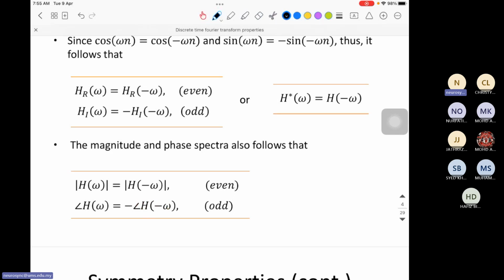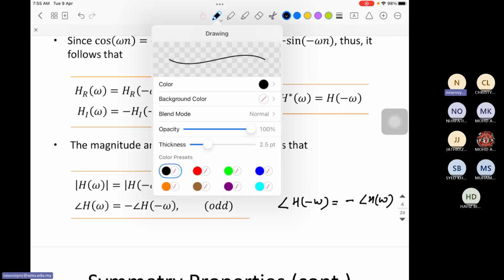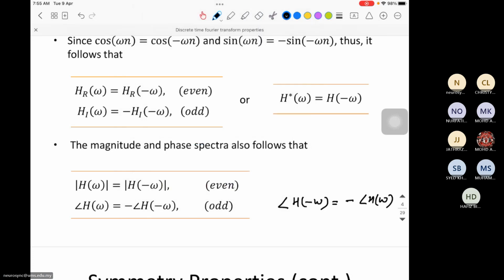Or in other words, the angle of H of minus omega is nothing but minus the angle of H of omega. Okay, angle or phase, you can say. So you can say that magnitude is even and the phase is an odd quantity.